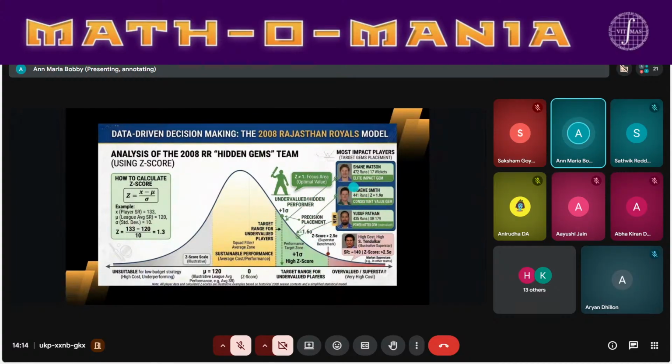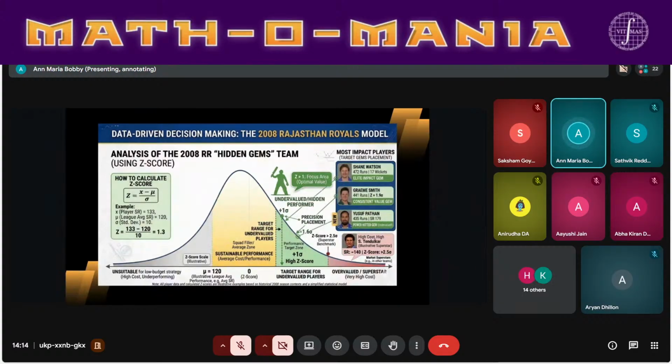Shane Watson had a pretty good Z score, that is, his Z score was around 2.4 sigma. Graham Smith at the same time had a Z score of 1.9 sigma, and Yusuf Pathan similarly 1.6 sigma. So these people were having a +1 sigma score. Here to the left side, you can see how to calculate Z scores. Z is equal to X minus mu by sigma.